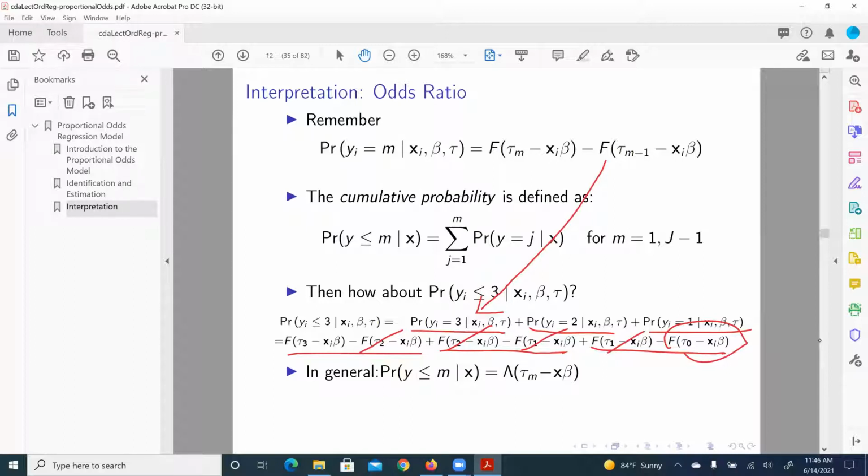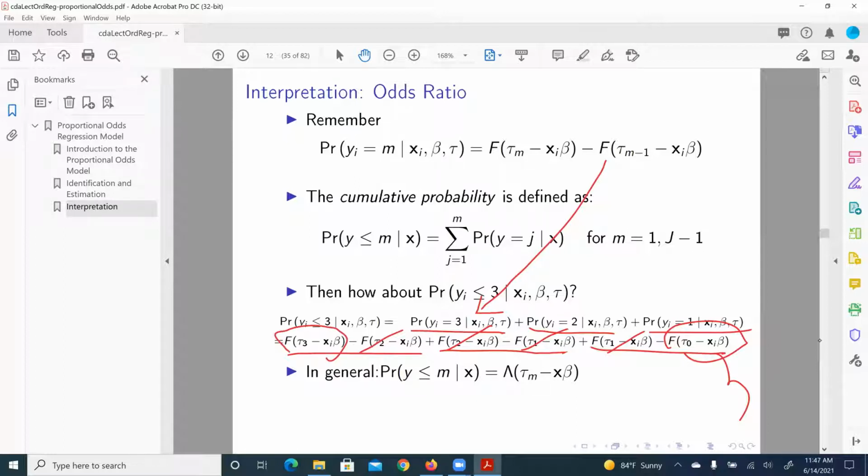And the cumulative density function for negative infinity minus a finite number is still going to be, excuse me, the probability is going to be what? 0. So this term drops out. What we get is the probability for y smaller or equal to 3 is this single cumulative density function.